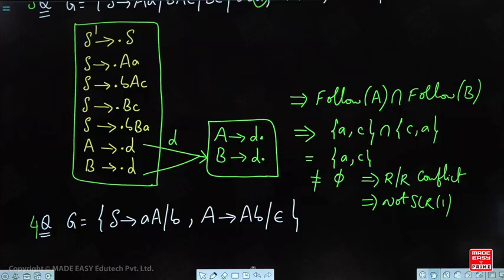Prerna Jaiswal asks, can we have both shift reduce and reduce together? Of course. In the same state, you have one shift symbol terminal and 2 final items. If the shift symbol terminal matches one of the final items, then it is shift reduce, and if the 2 final items match with the follow, then it is reduce. So both of these can be there.